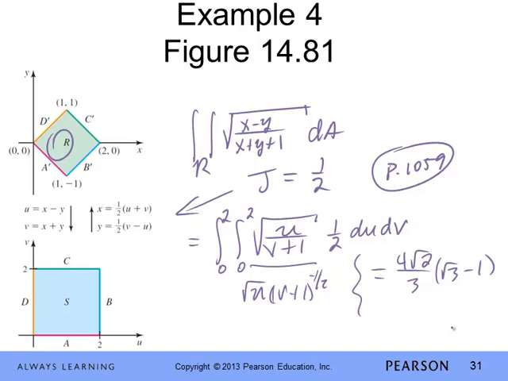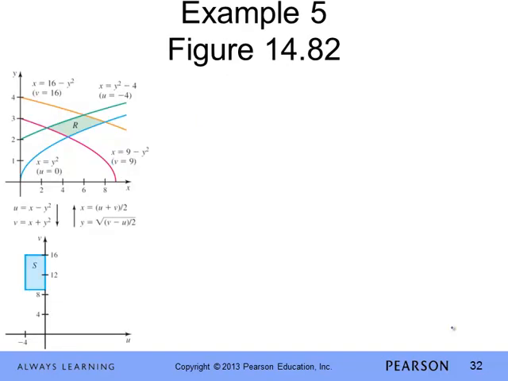Everybody understand what it is that we're doing? And as you flip through the rest of section 14.7, it's more of the same. For example 5, I'll let you look at that. Here you're integrating over this real crazy region on the xy plane.